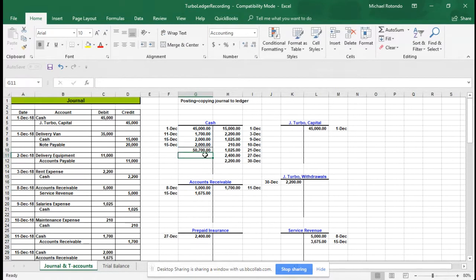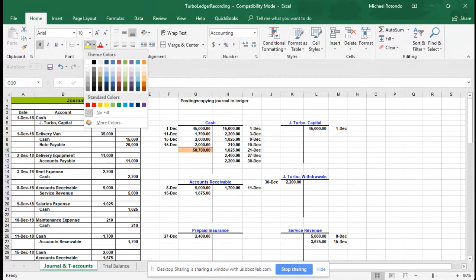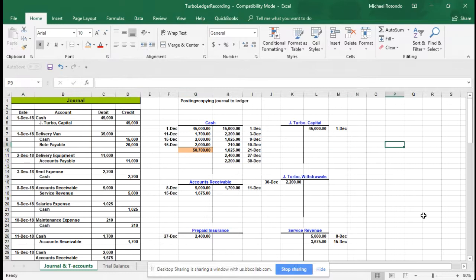And that's going to tell us we have a debit column total of 50,700. That's called a footing, okay? Just means it's the total of a column. That is not the balance of the account.